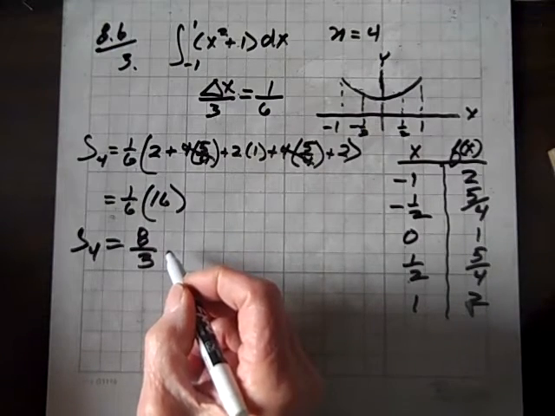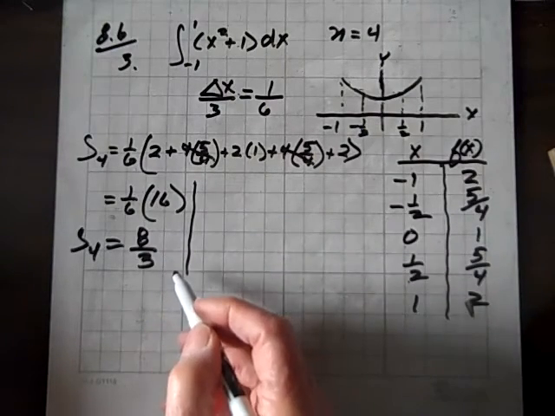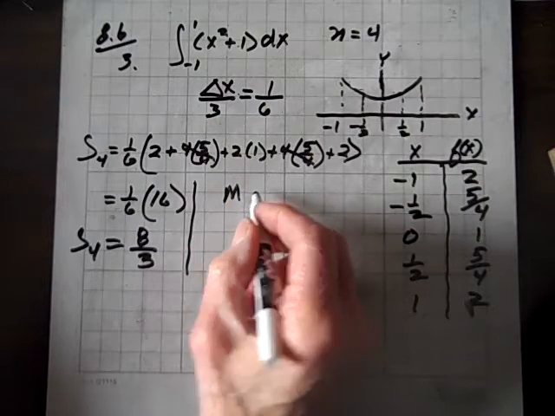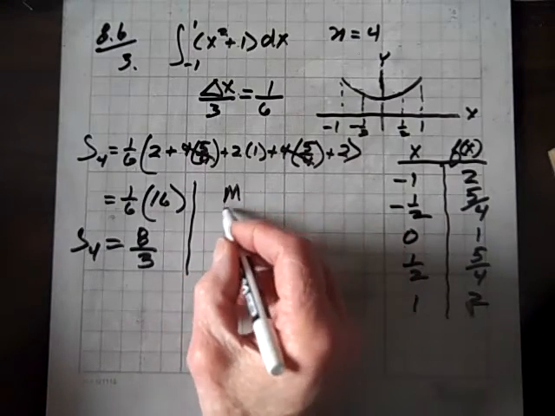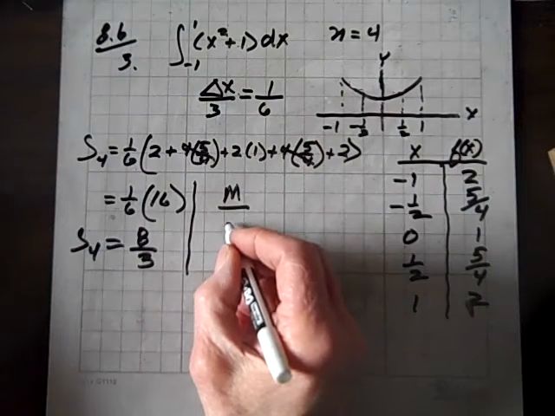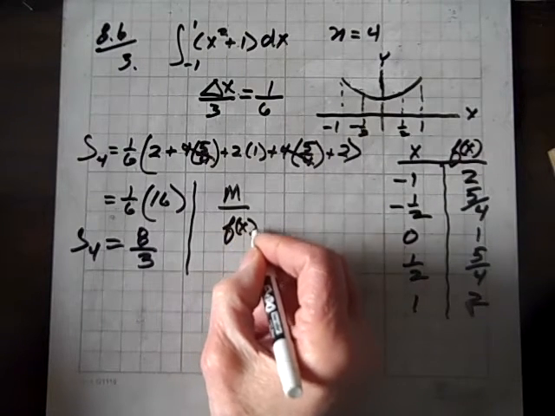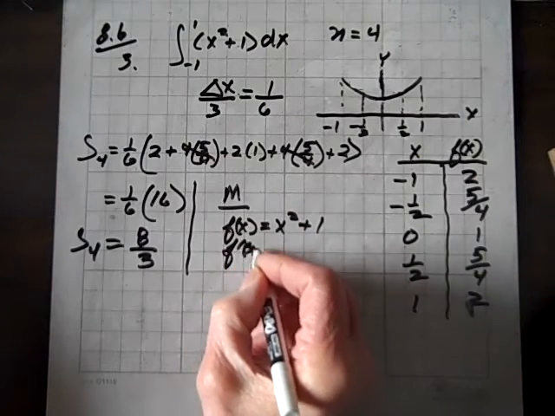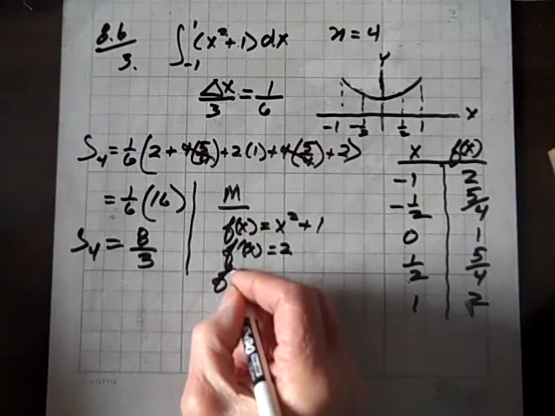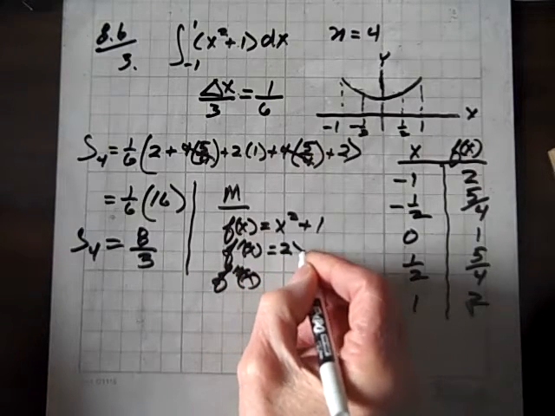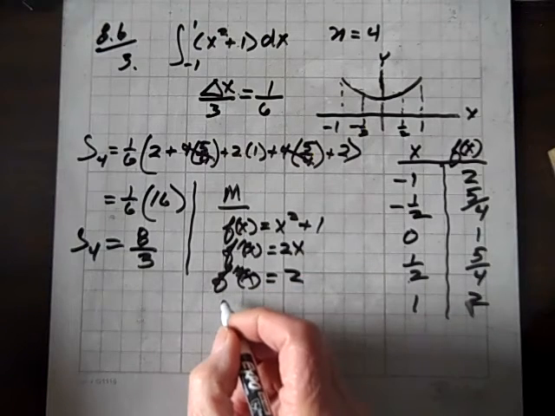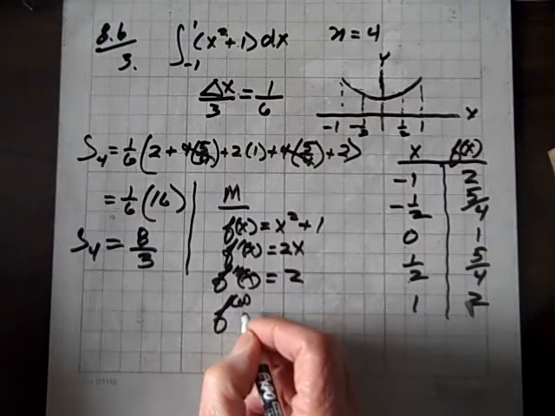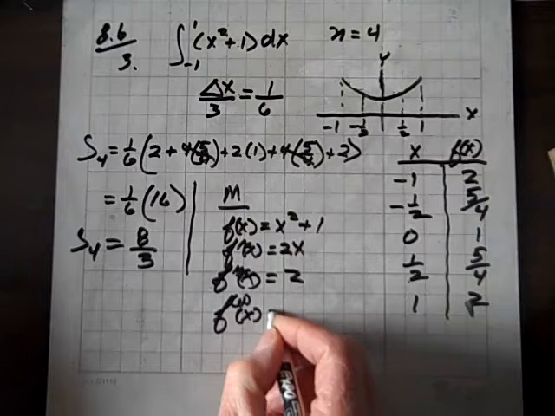Now, we have to find the error for this. And you know, m is the upper bound relative to the fourth derivative on the interval. So let's see about m. The function is f of x equals x squared plus 1, so the first derivative is 2x, the second derivative, 2x, is 2. The third and fourth derivatives are both 0, so I'll just say f, the fourth derivative of x, equals 0.